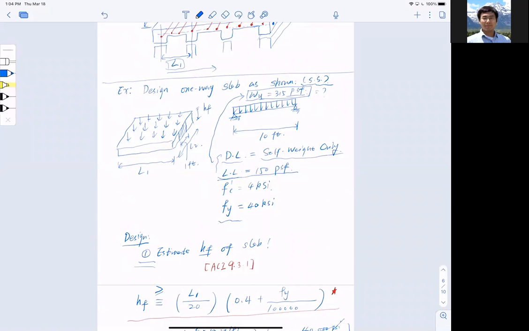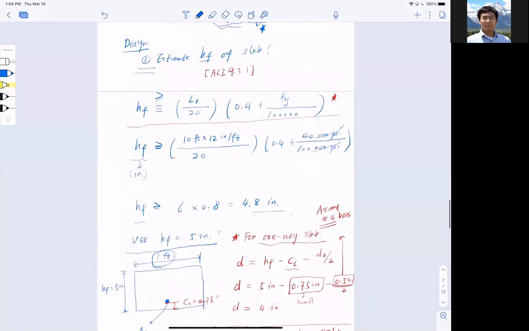The live load is 150 pounds per square foot, with a concrete strength of 4 ksi and yield strength of 40 ksi. Notice that this is on the low side, so you have to make some adjustment based on this. This is the first important equation, and you don't have to remember it, but know you have to apply it if you're not given h during the second exam.